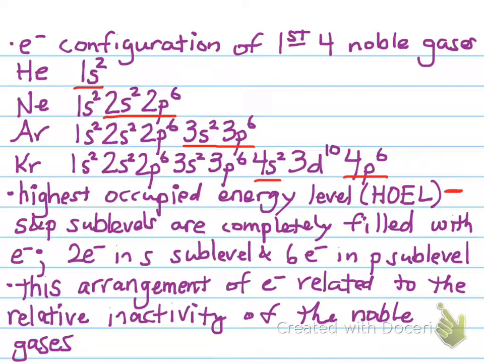So it's the fact that this highest occupied energy level is completely full for the noble gases. That is why they don't get involved in chemical reactions. They don't tend to form chemical bonds.